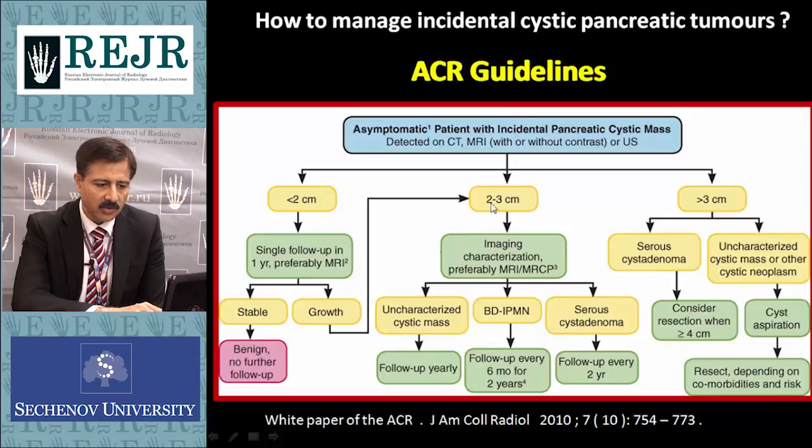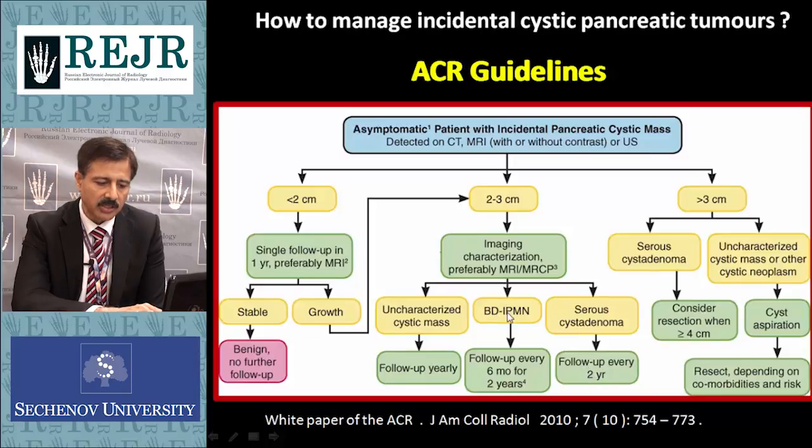For the category between 2 and 3 centimeter, you have to do a further characterization. It is recommended to do an MRI or MRCP, and then you characterize them. If it comes out to be a serous cystadenoma, you can follow it up every 2 years.